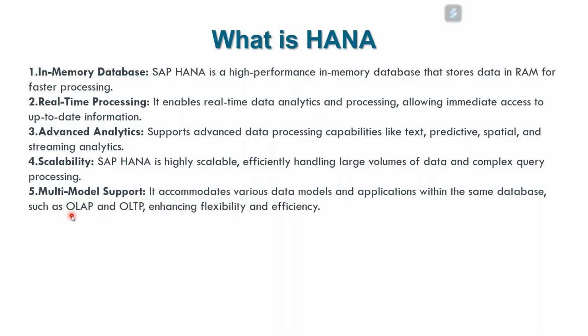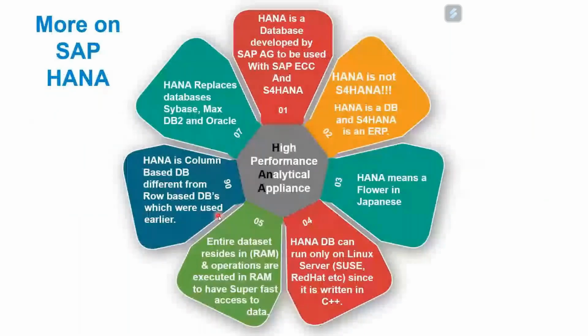All your sales done in the last 1 month, do it in a second. All the customers who've been working with you for the last 1 year, do it in 10 seconds. So online analytical processing and online transactional processing. Fast analytics, fast transactions, and this is basically your HANA database.